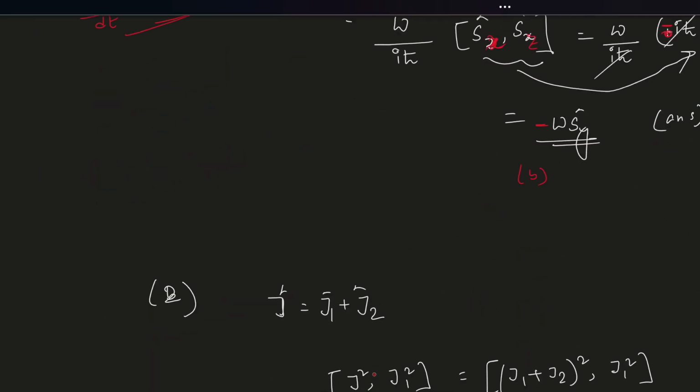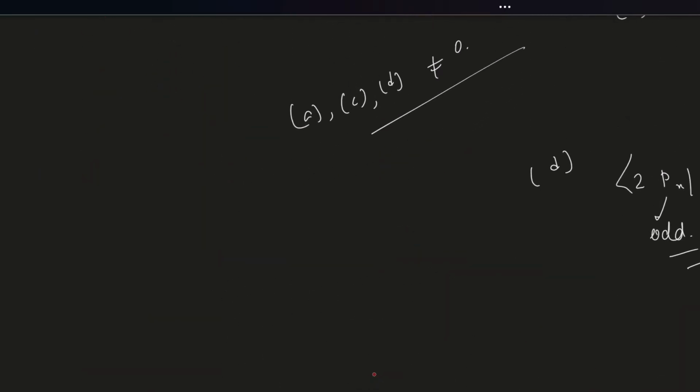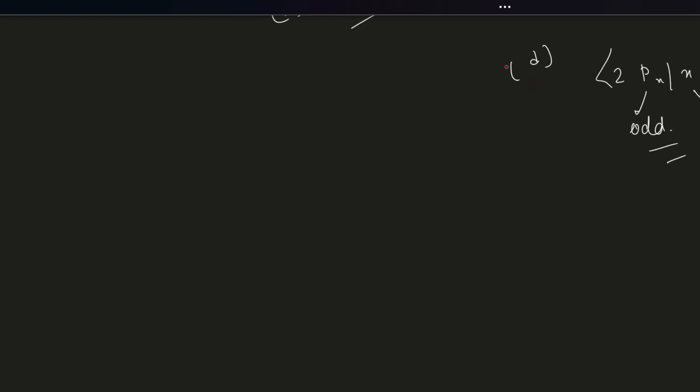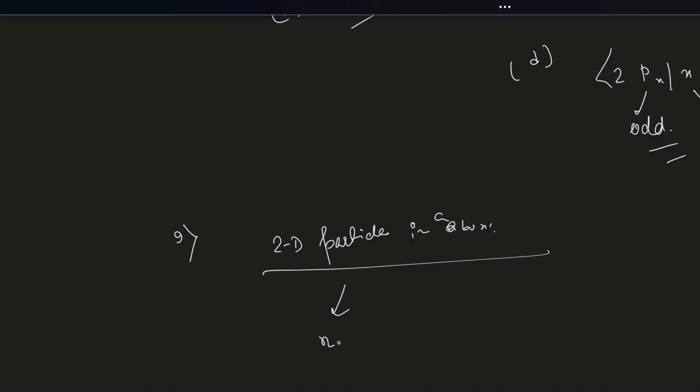Question number 9. The particle in a box problem is that in each dimension you have n square pi square h cut square divided by 2m a square, where the box has a side of a.